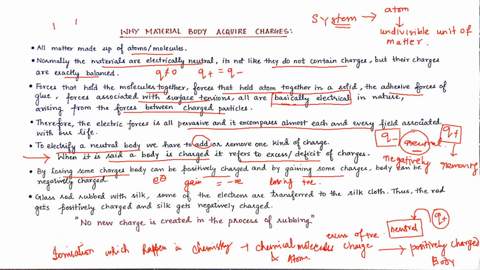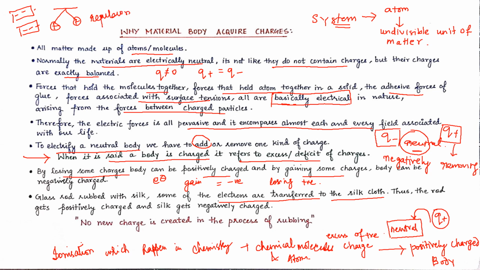Now the glass rod is rubbed with silk, and some of the electrons are transferred from the silk cloth to the glass rod. As you have seen in the diagram, I have marked negative, negative, negative, and these are showing negative and negative, and hence repulsion.